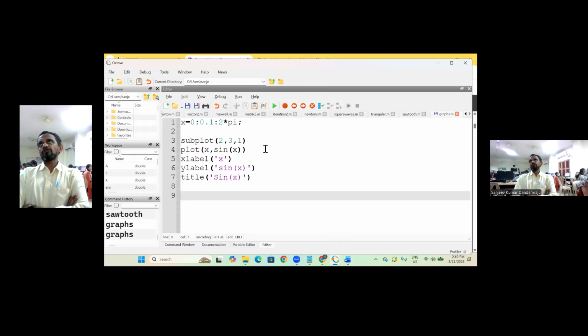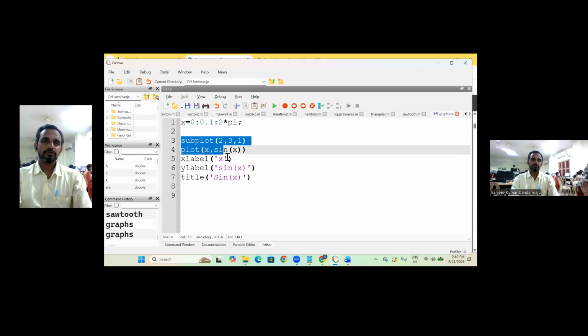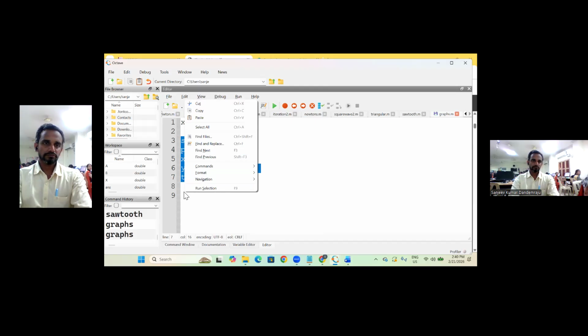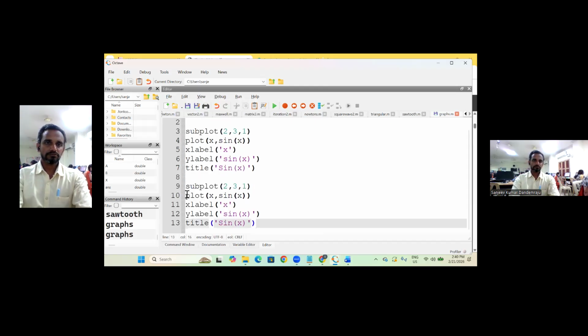Those 5 lines of code can be repeated for the rest of the graphs. Just copy paste and change the relevant fields. Now it is 2, 3, 2. The function is cos x.